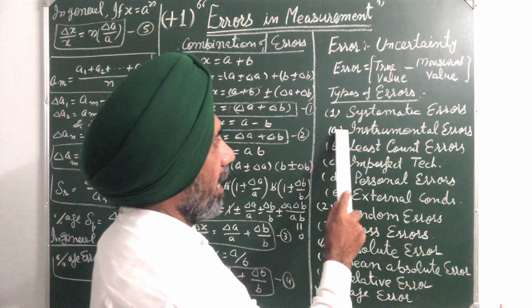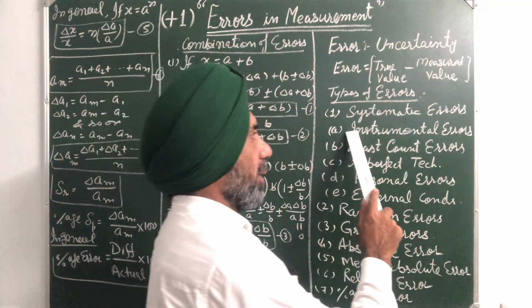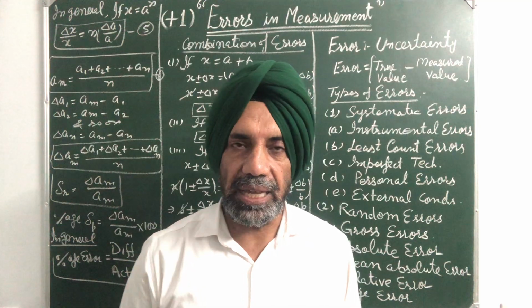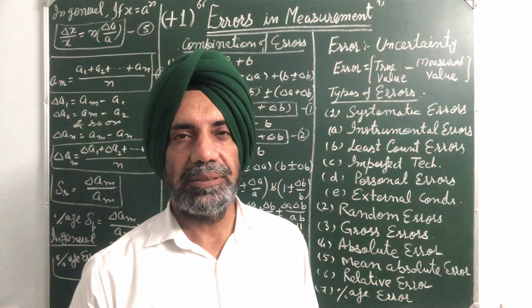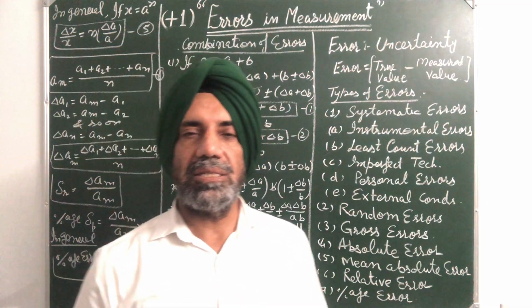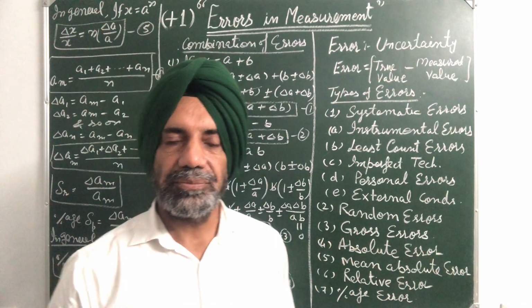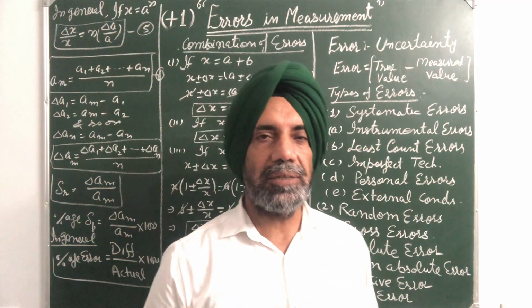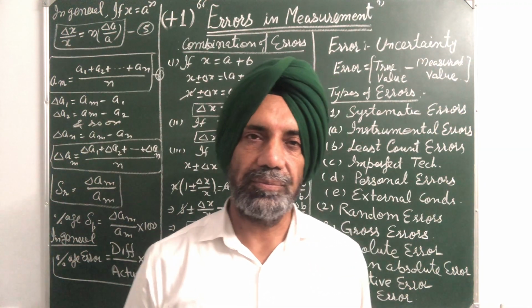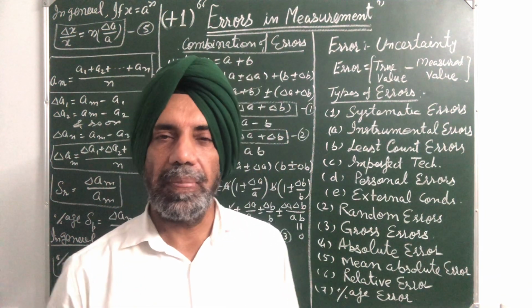Number one, instrumental error. This error depends upon the quality of the instrument, graduation of the scale of the instrument. Those errors which arise due to design of the instrument, manufacturing of the instrument, and calibration of the scale of the instrument are known as instrumental errors.